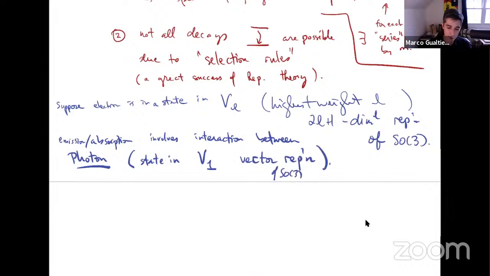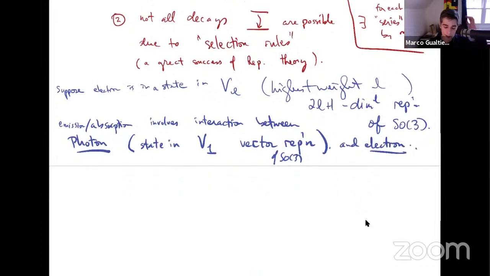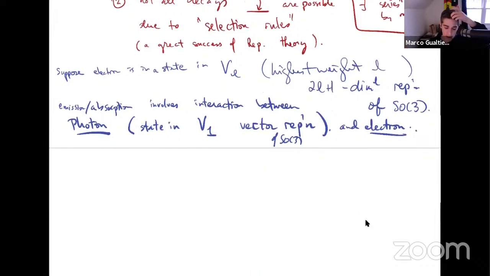And it's an interaction between the photon and the electron.